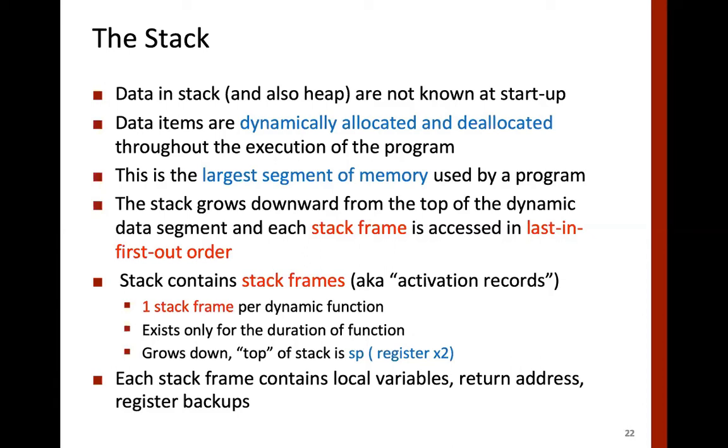So from main you jump to a function F1, there will be a stack frame corresponding to F1. From F1 you go to F2, there will be a stack frame corresponding to F2. And the last one, F2, will be in use because it has been last in, because control is there and the execution is happening there. When the F2 execution is over, this frame will be deleted. So it's something like this.